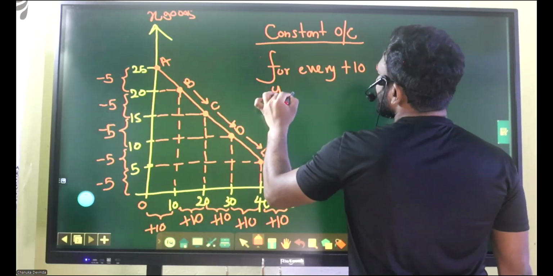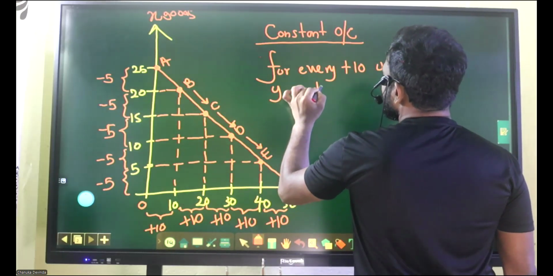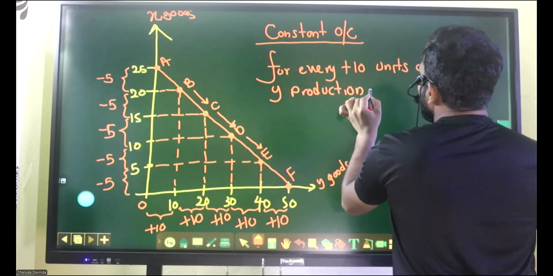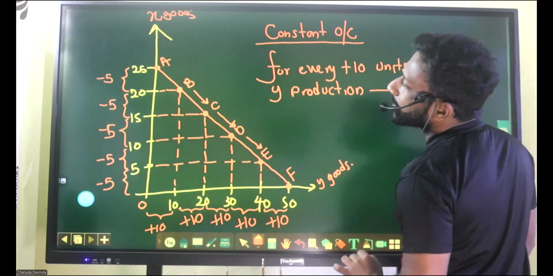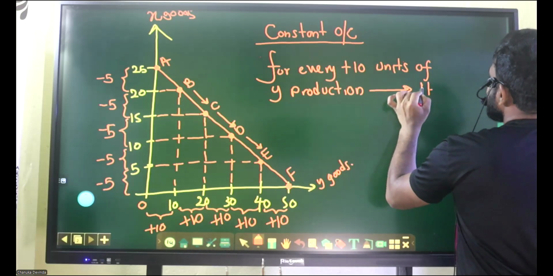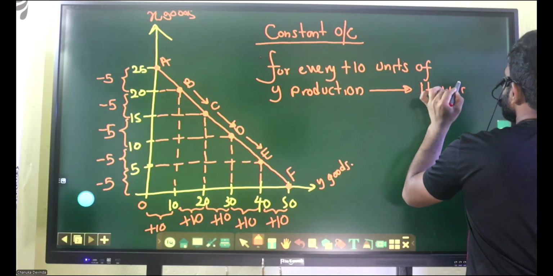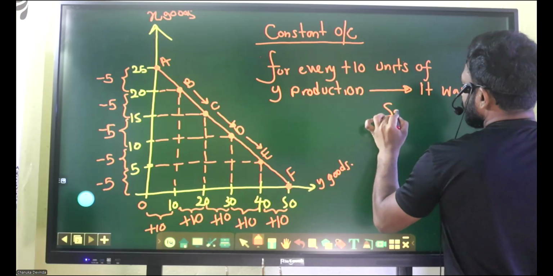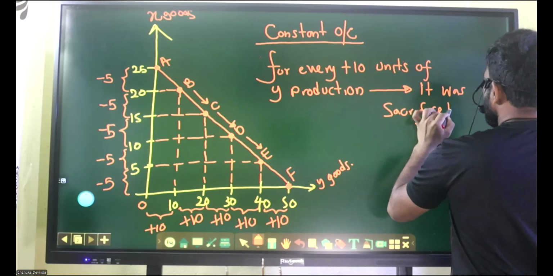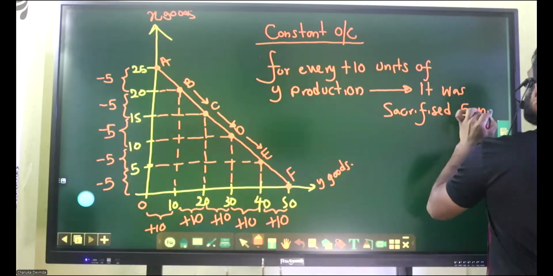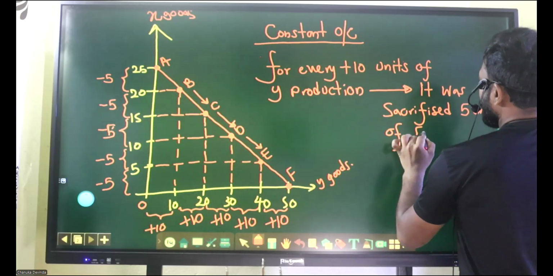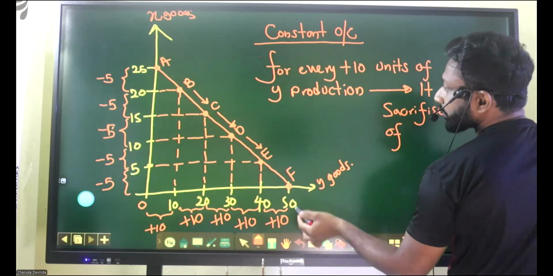Y production, it was sacrificed 5 units of X production. It was sacrificed 5 units of Y production, sorry, X production.